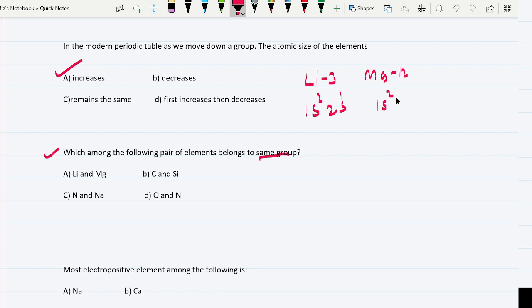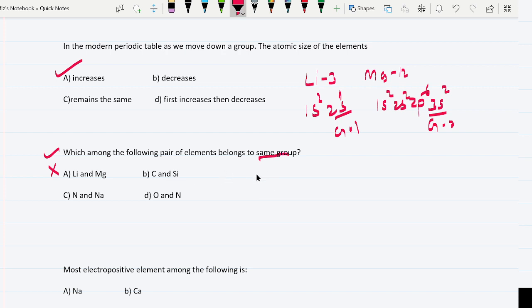Magnesium electronic configuration: 1s2, 2s2, 2p6, 3s2. After writing the configuration, I'll tell you how to find the group. Look at the valence shell. If they have an equal number of electrons, then the group will be the same. Here lithium belongs to group number 1, and magnesium belongs to the second group. Means the first option is not going to be correct here.